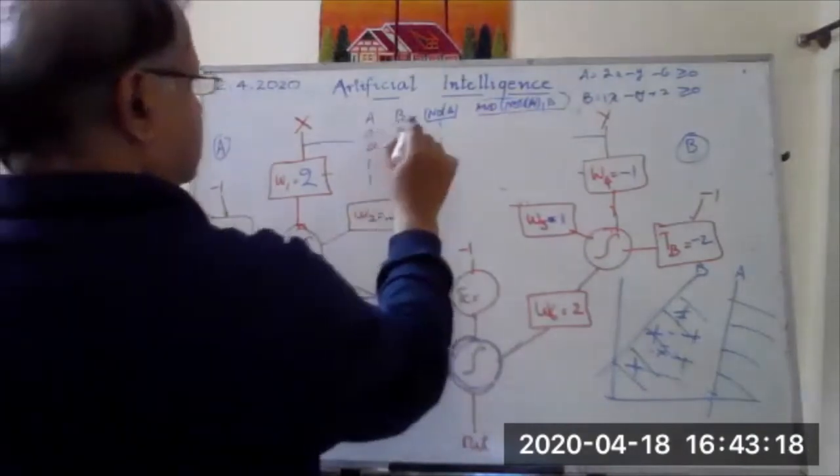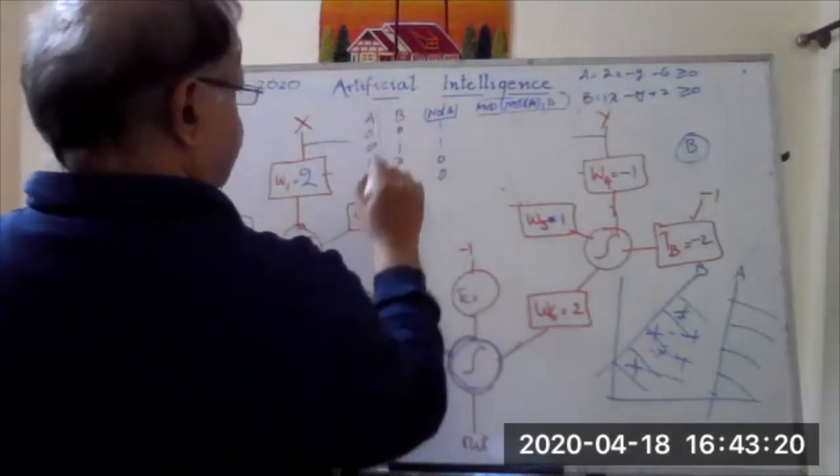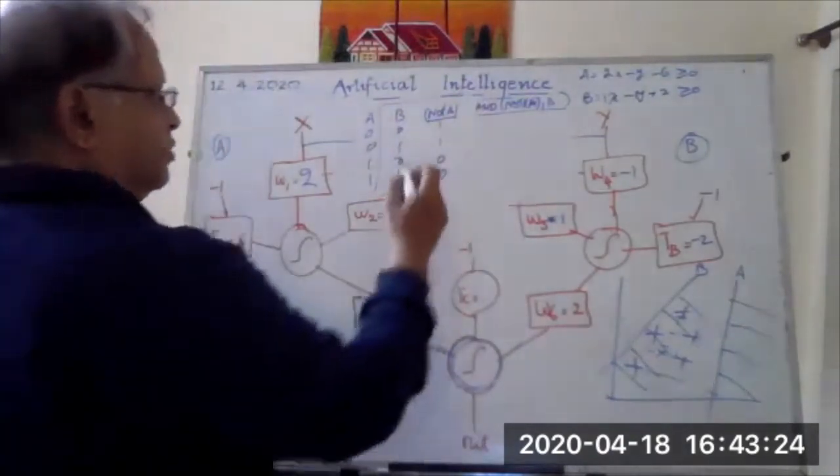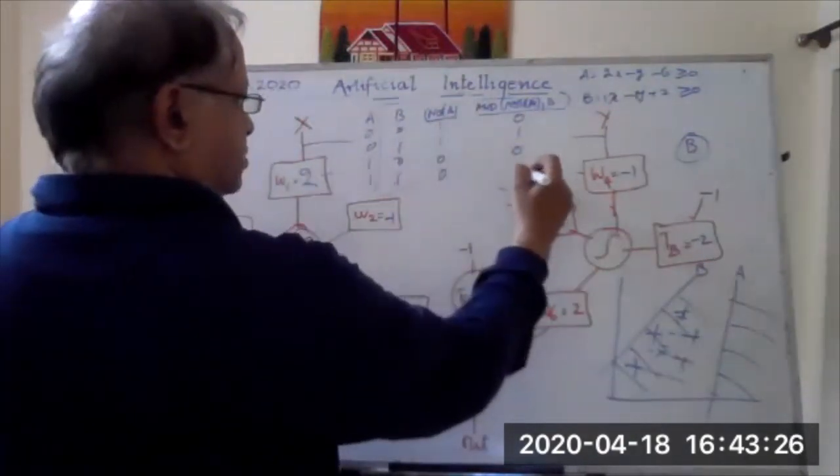So that means we forget this part. These two are the things we need to consider. That means we will get 0 1 0 0.